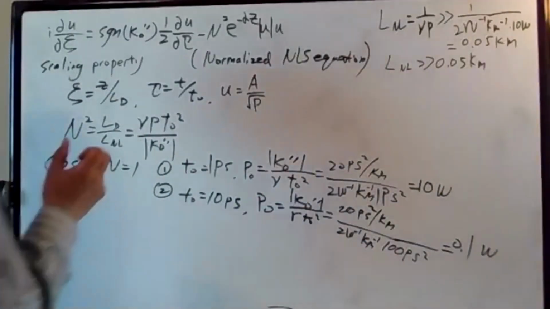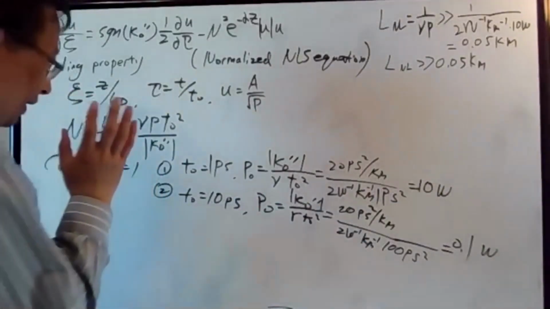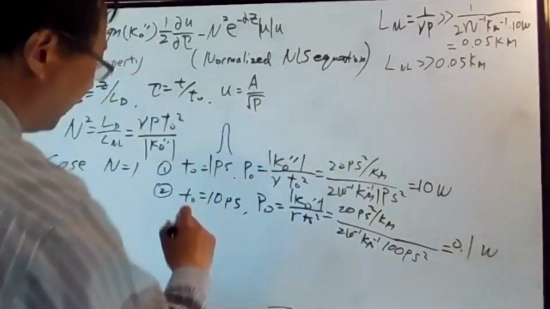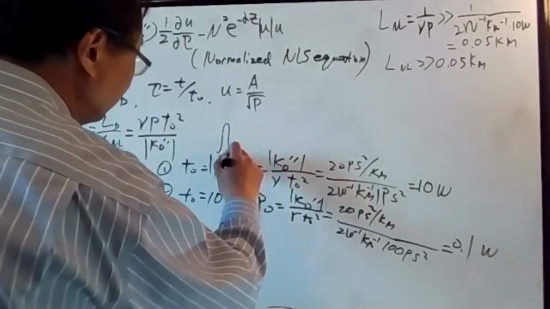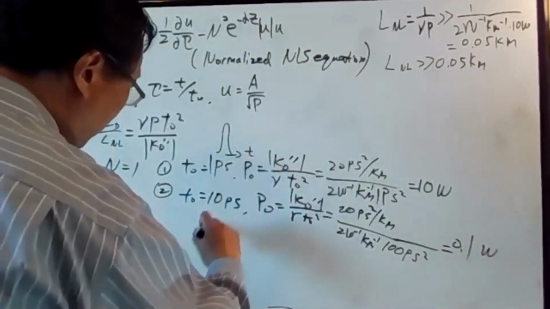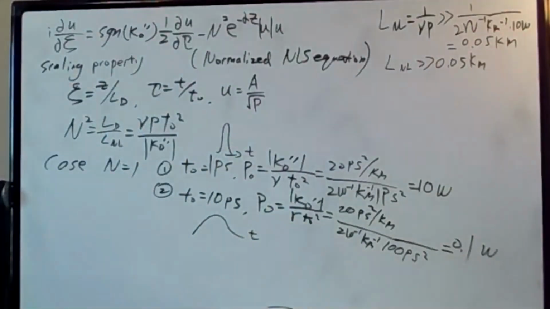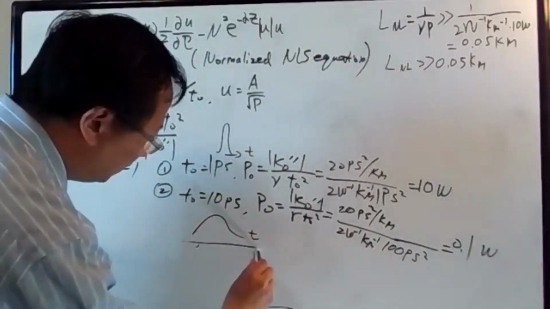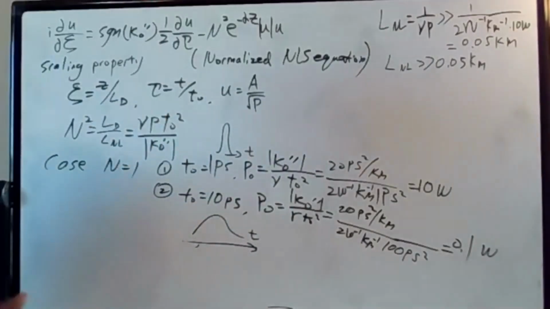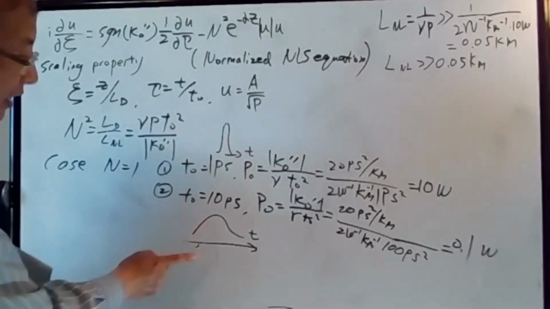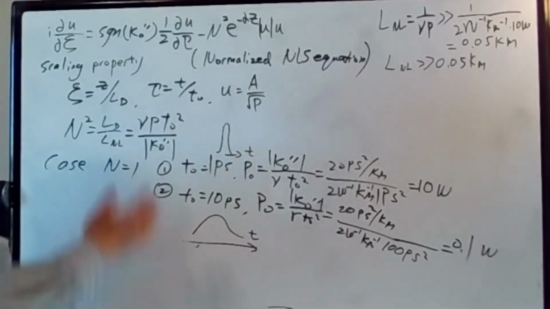So it means that if I increase my time domain, I increase the pulse width. So this is very narrow in time, and this is very broad in time. Then which one will have less dispersion effect?